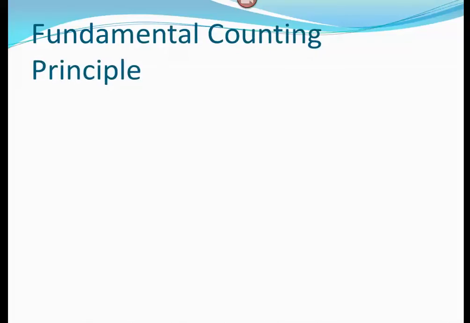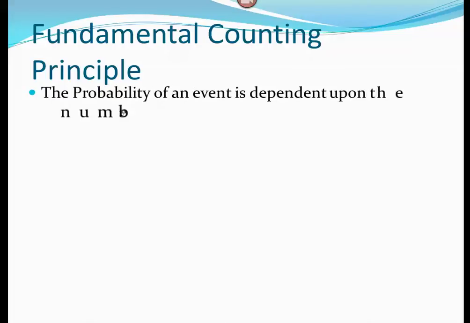But before we get to the actual formula for the binomial distribution, we need to look at some principles that we use generally in statistics. And these principles help us to count. As you recall, one of the things we need to know in order to find probability is to know how many outcomes are possible.